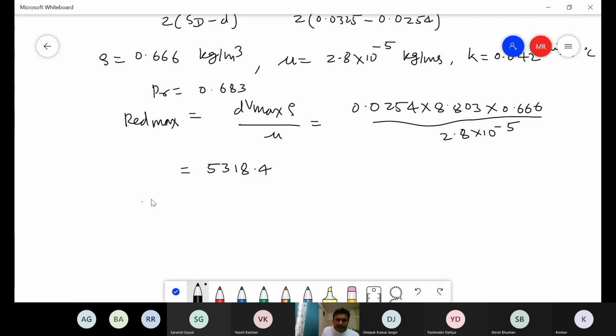So now in this case, ST by SL is 0.025 divided by 0.03. So that is definitely less than 2.